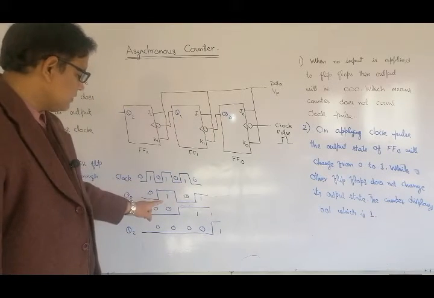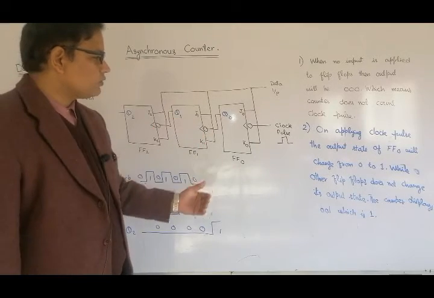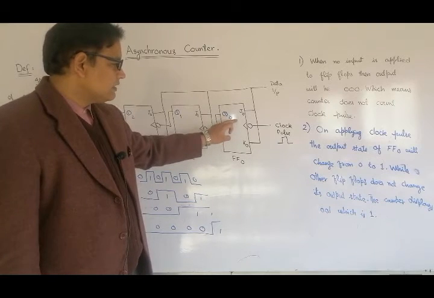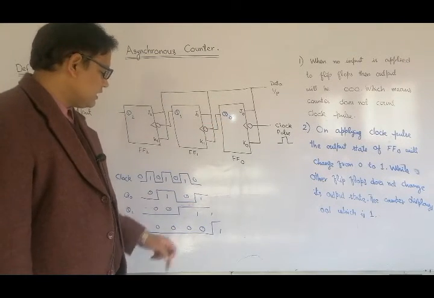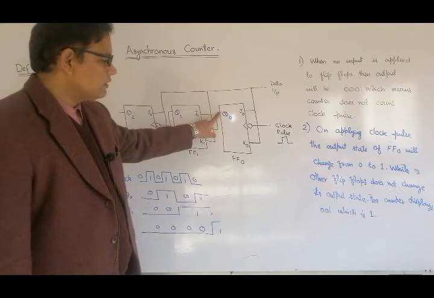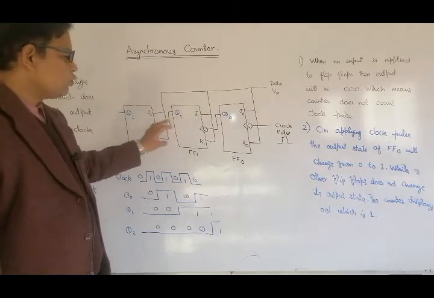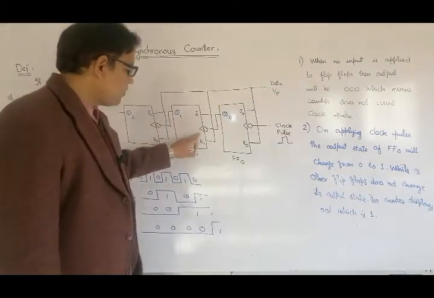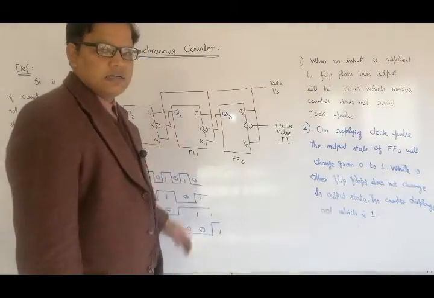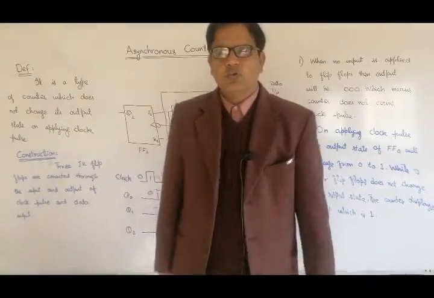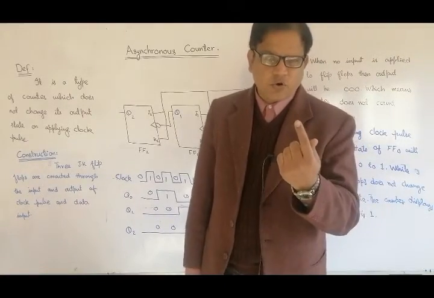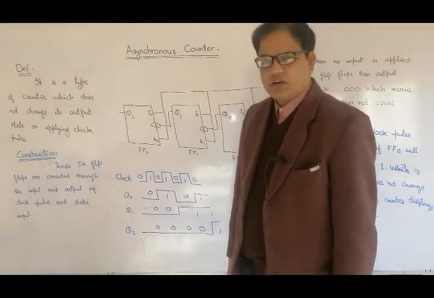And when we apply the clock pulse on the flip-flop, the state of this output changes from 0 to 1, and the next two flip-flops, FF1 and FF2, do not change their position. Both remain the same and display 0, 0. So the output will become 001, and we have a digital code of 1 on the output of the counter.